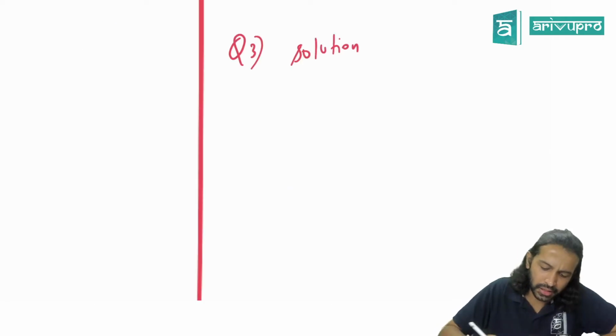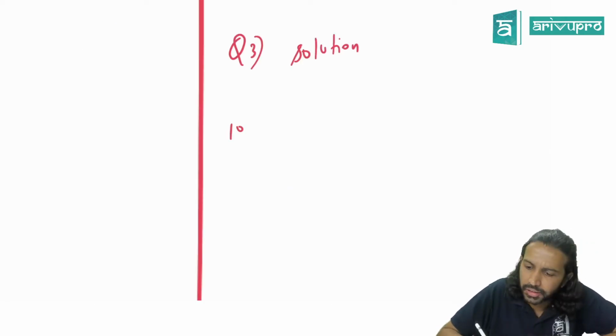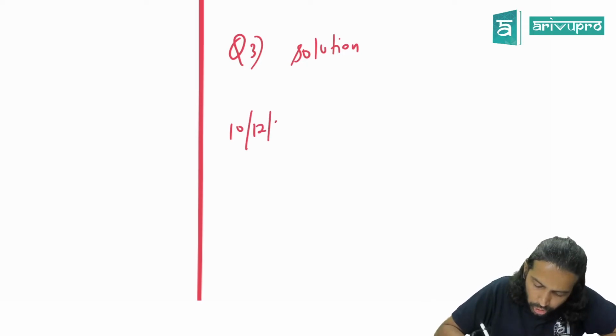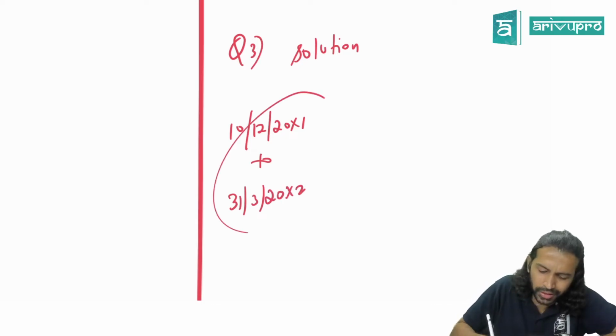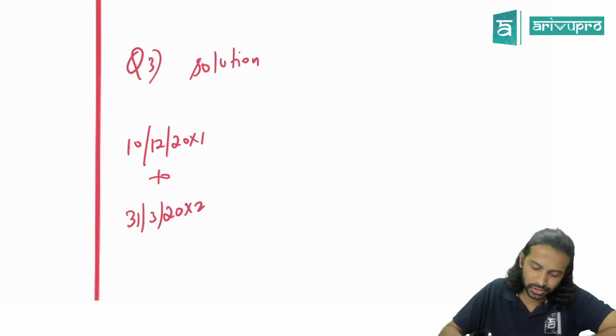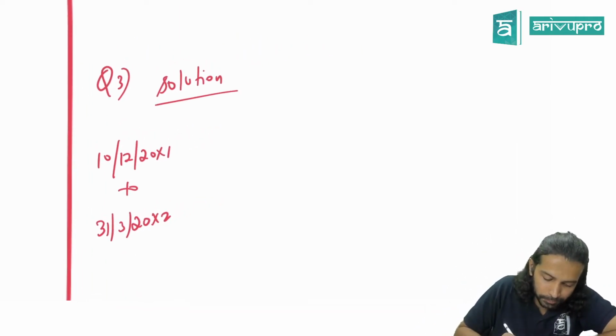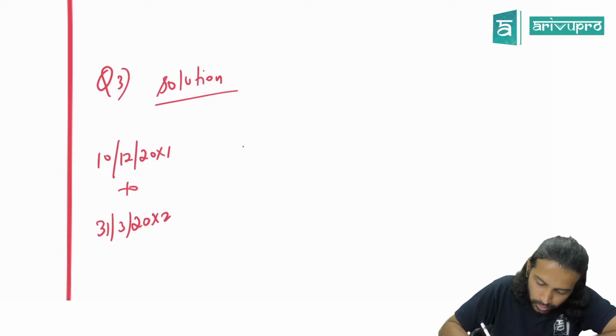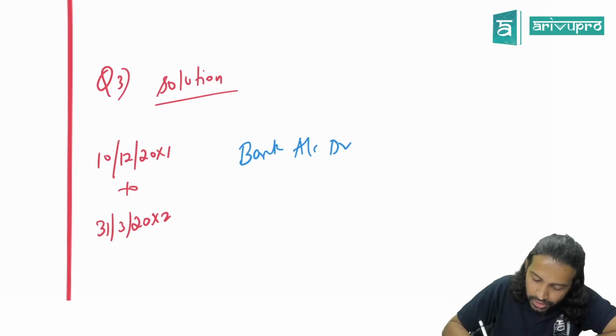The period, if they tell like that, I'll write the same date. 10th December 20x1 to 31st March 20x2. Among this, on one day employees will buy. I don't know the date, hence I'm keeping that period as it is. But when employees buy, what will happen? The company will get money. So the journal entry will be bank account debit. How many shares do the employees buy, sir?